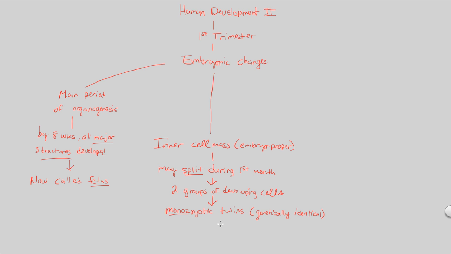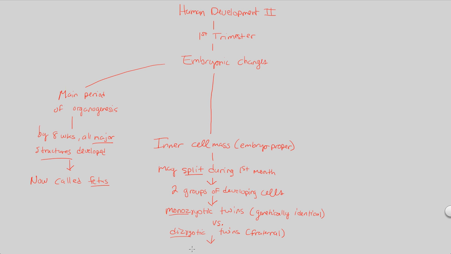Now you might be wondering, how do you get dizygotic twins? So this is just a side note, versus the dizygotic twins. Look at the term, dizygotic. This actually means that these are fraternal twins, as they are scientifically referred to. And here, these are genetically different. Why is that?